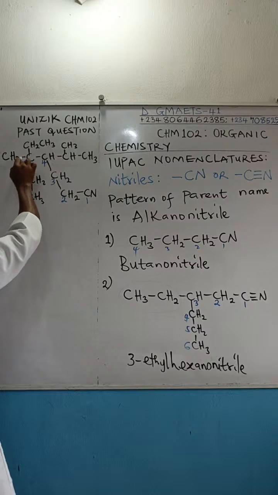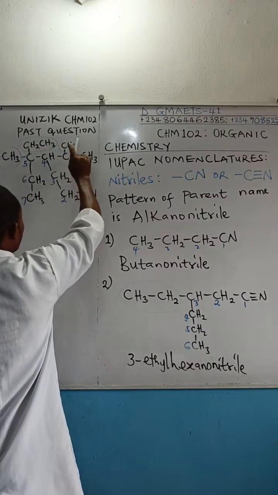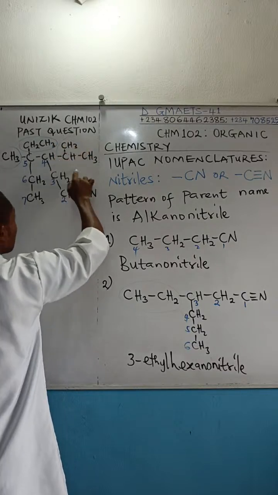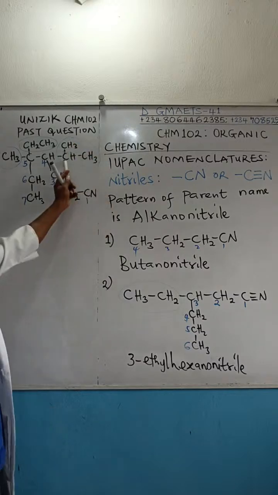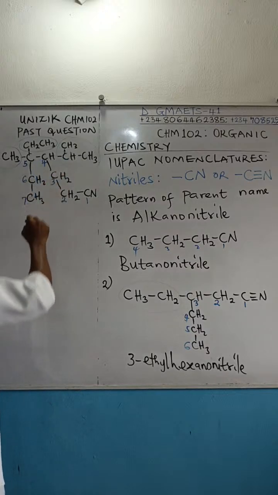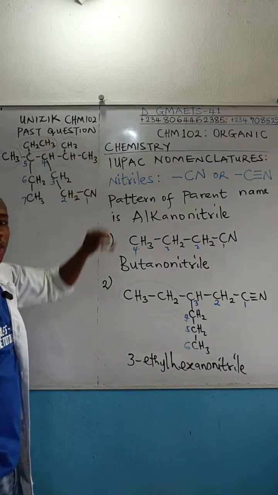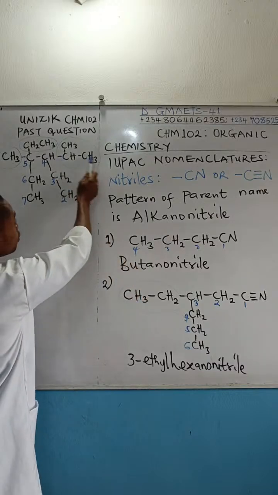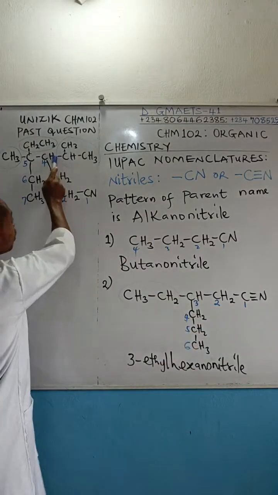That leaves us this as a substituent, this as a substituent, and of course, this whole unit as a substituent. Now, if you look at this whole unit, taking this as carbon number 1 attached to the parent, you notice that from this carbon there are 2 branches, either this or this, which you will now have to determine the longest direction to take, so that this becomes a substituent on a substituent, because this whole unit is a substituent.